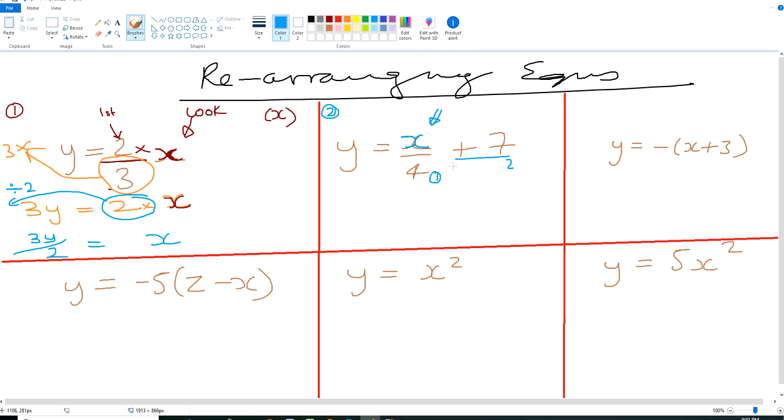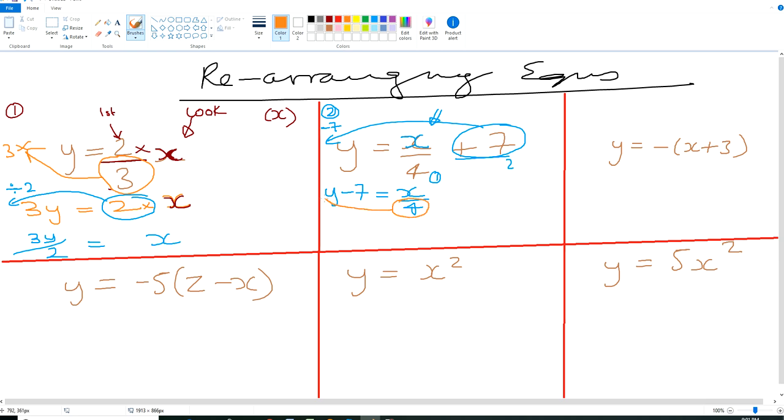So we have to know that we always move the last action first. So I'm going to move the plus 7 first. Opposite of add 7 is minus 7. When we change side, we change sign. So we now have over here y minus 7 equals x divided by 4. Now we have to move the divide by 4 next.